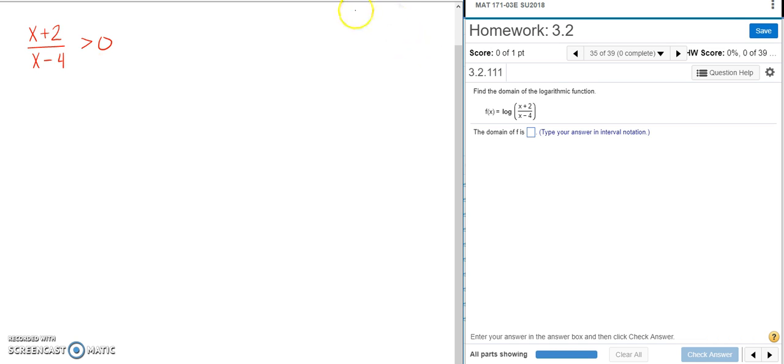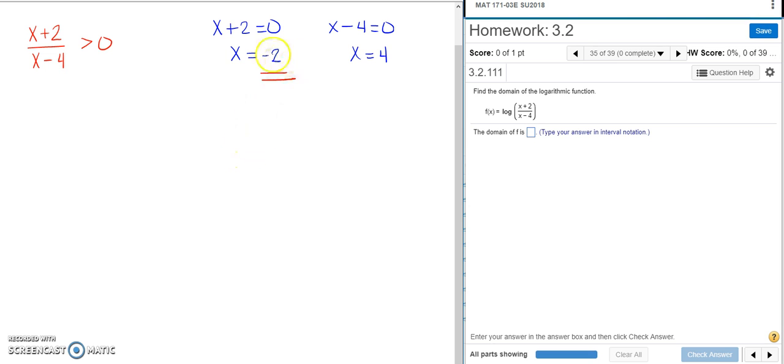So a trick that I use is I set each one equal to 0 first. So the top equal to 0 and the bottom equal to 0. And I'm trying to find those values. So negative 2 and positive 4. Okay, so these are values that we cannot use.